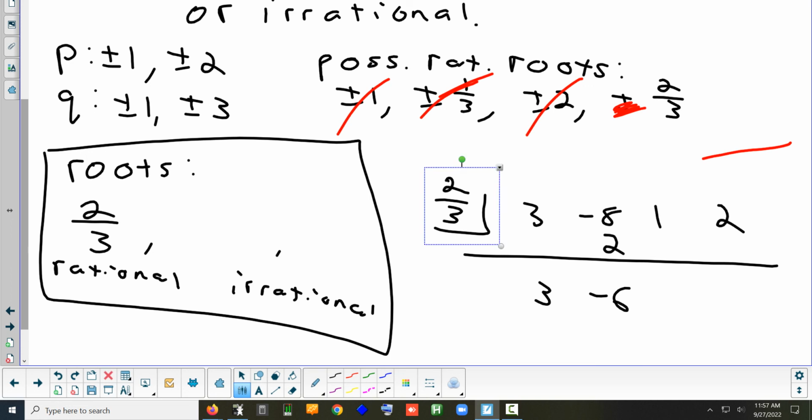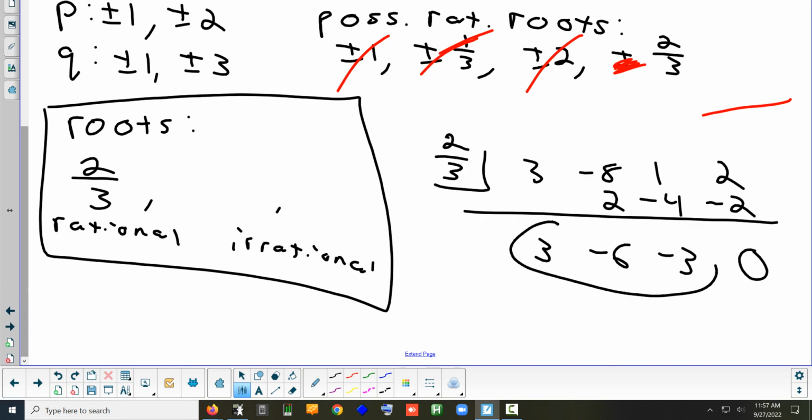What's 2 times -6? -12 divided by 3. -4 plus 1 is -3. What's -3 times 2? Yeah, -6 and then divide by 3, which is -2. There are different ways you can think about that one. But we get a remainder of 0, so we already knew that.